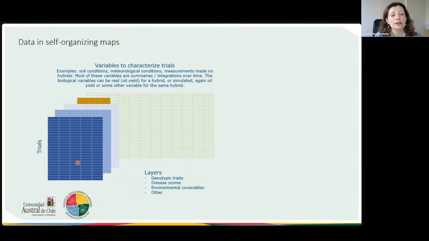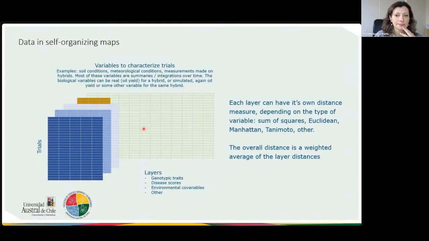For example, Euclidean distance for quantitative traits, or another kind of distance for other types of variables. And then the overall distance is a weighted average of the layer distances. So you combine the information for the genotypic traits, disease scores, environmental variables, etc.